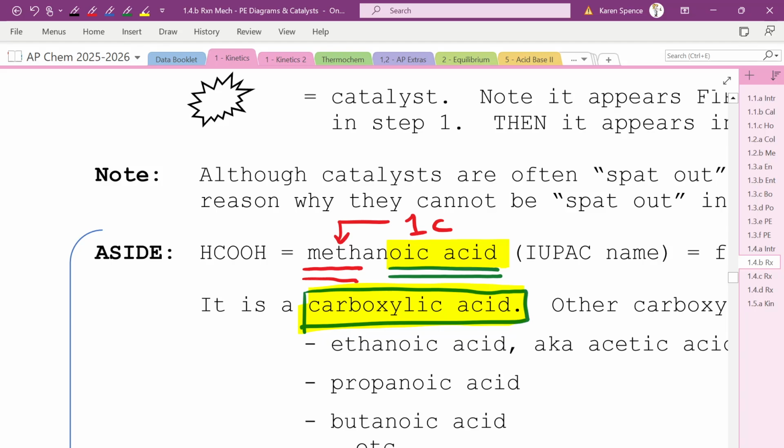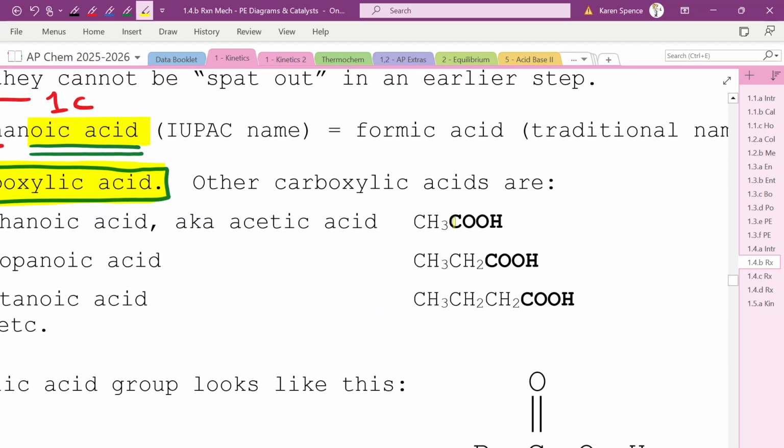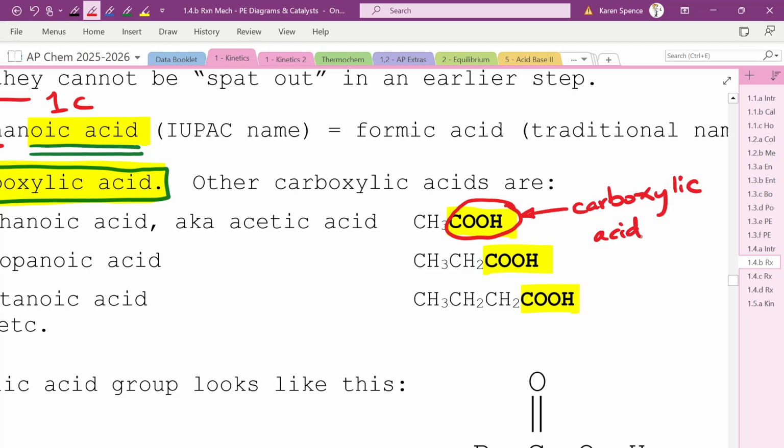What does the structure of a carboxylic acid look like? Does anyone know? That is the COOH. That is a functional group, yes. Do you guys remember any other functional groups that we've dealt with?